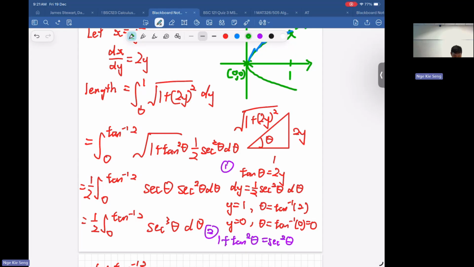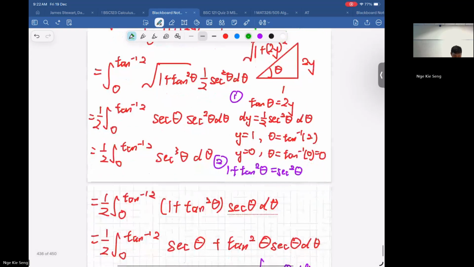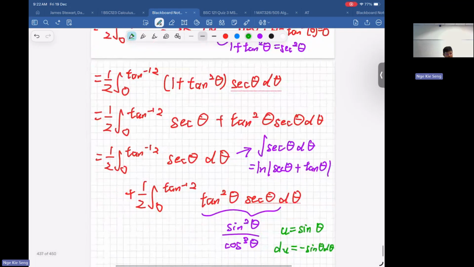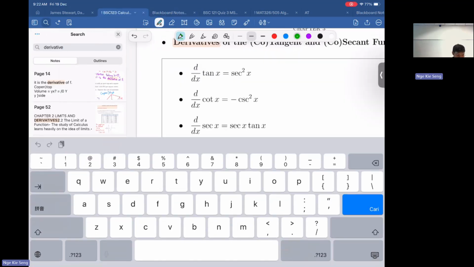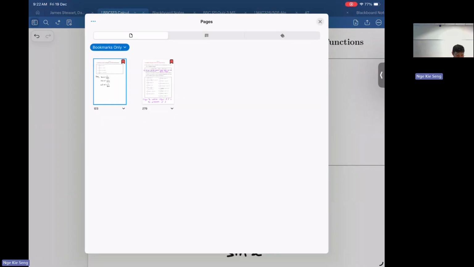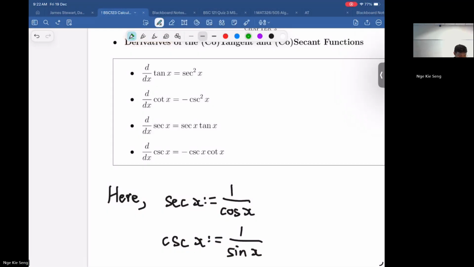Yeah, I think so far it's correct. So far I think it still works. Okay, I think the problem is this tangent square theta secant theta here. Well, let's see. Do we have some technique from last time? Let's check.